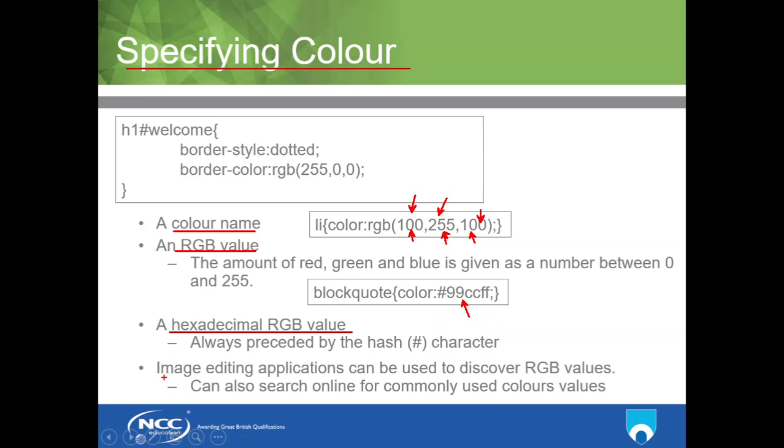Then we have image editing applications that you can use to discover the RGB values. But we also have tools online that can give you the RGB values of particular colors. Just Google HTML color codes.